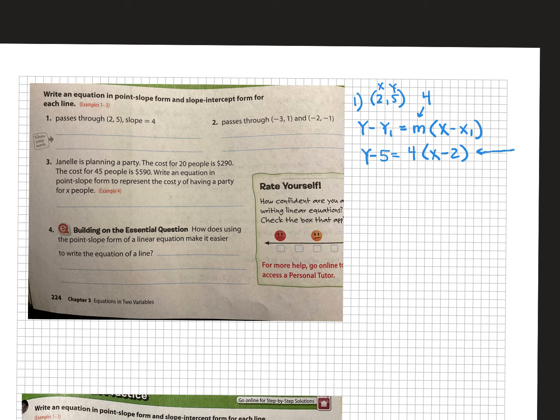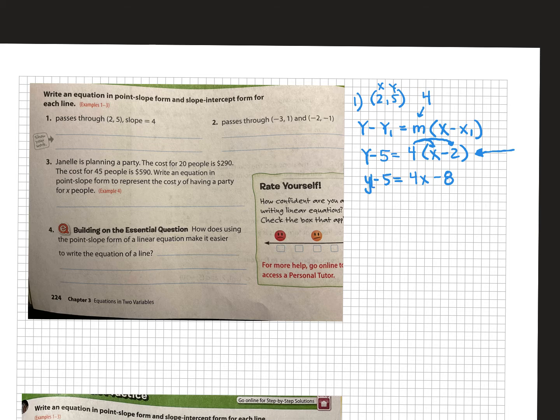Now, can we turn this to slope-intercept form, which is y equals mx plus b? Okay, what are we going to do first? We're going to get rid of parentheses. And we're going to say y minus 5 equals 4 times x is 4x. 4 times negative 2 is negative 8, and we got rid of the parentheses.